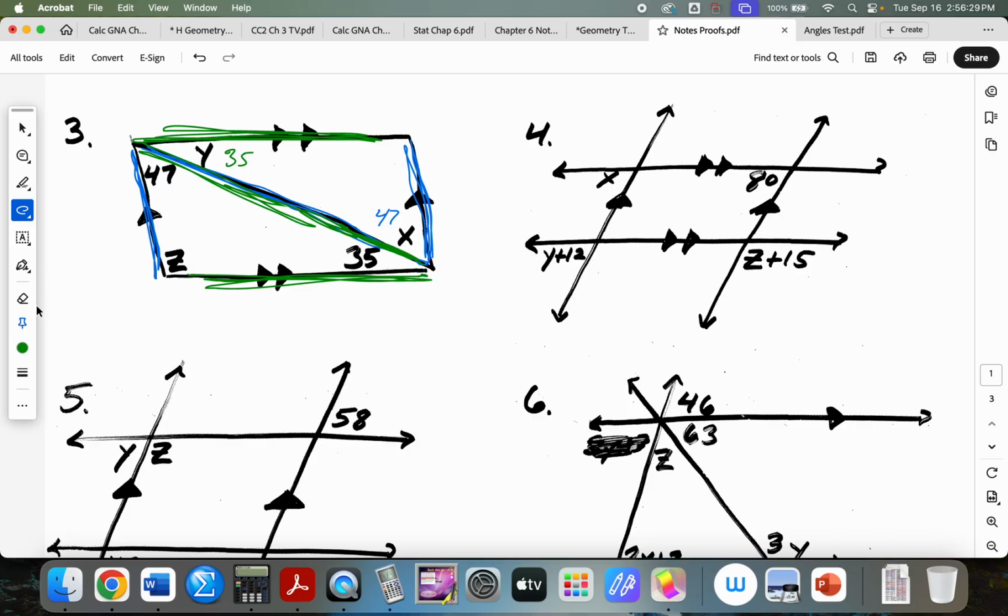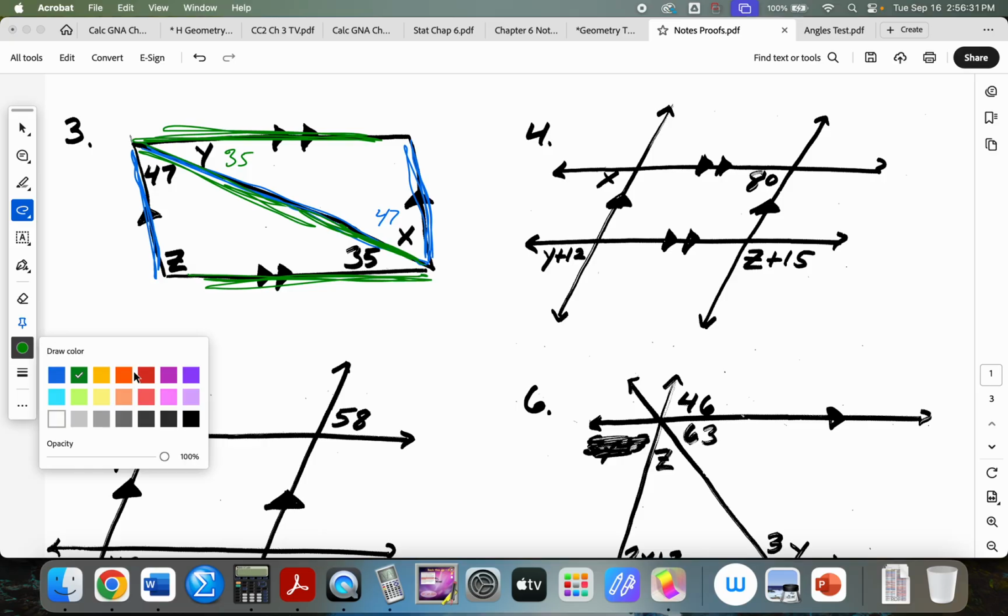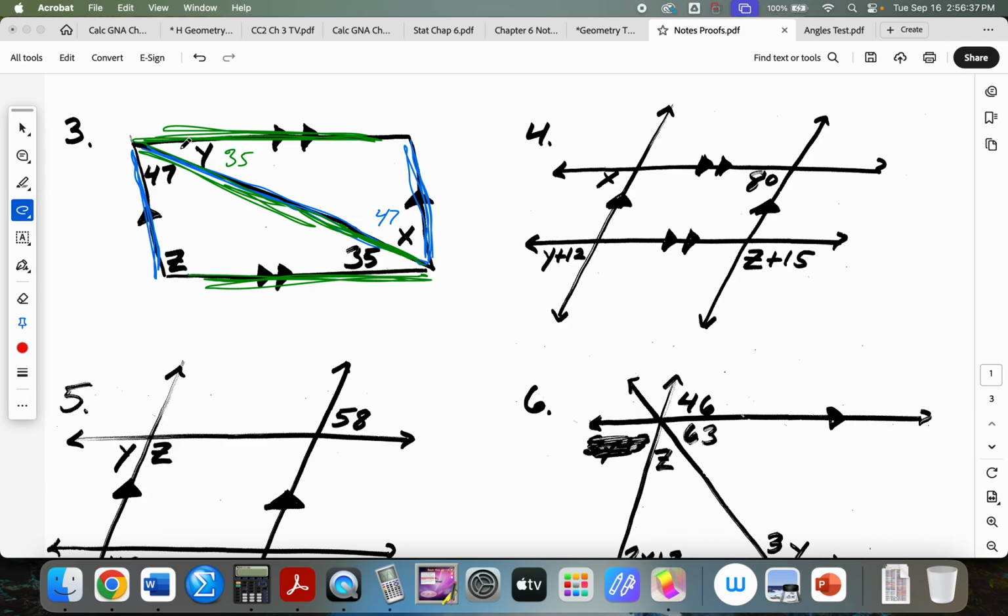Now, there are actually two different ways to find z. I'm just going to show you one. What is the measure of this whole angle right here that I just outlined in red? How can I find the measure of that whole angle? Right, add the 47 and the 35. That's 82.